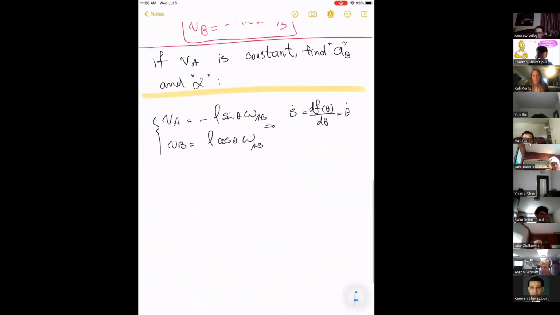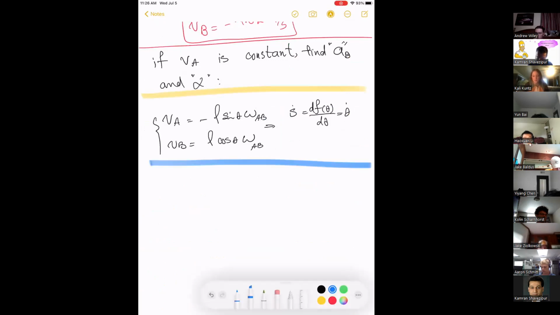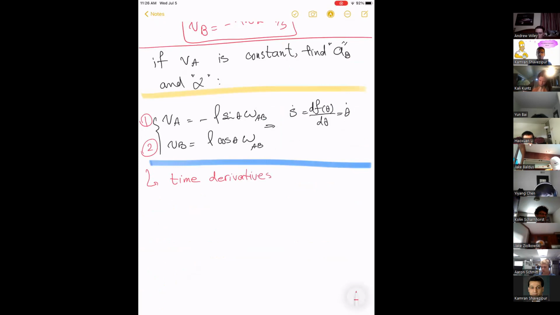Now, to find accelerations, we're going to take the second time derivative here. Again, time derivative of, this is equation 1, 2. Now, you guys know how to do the time derivatives.